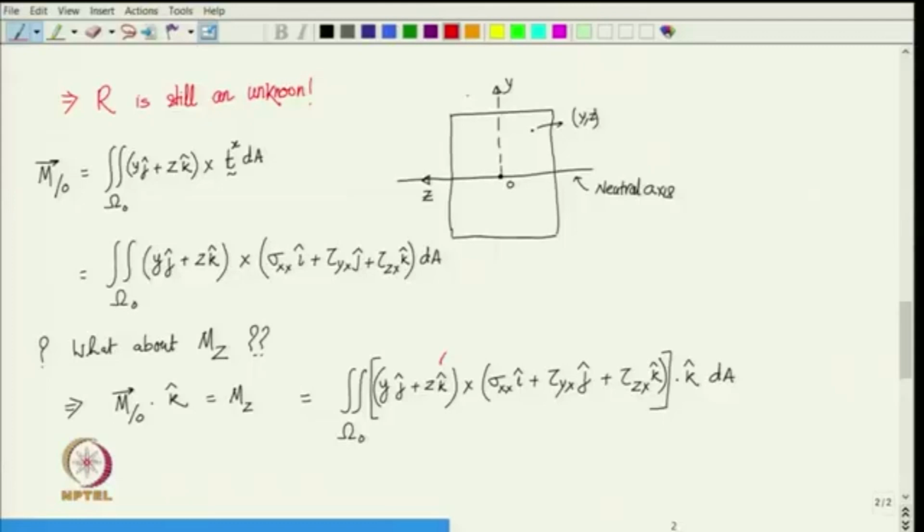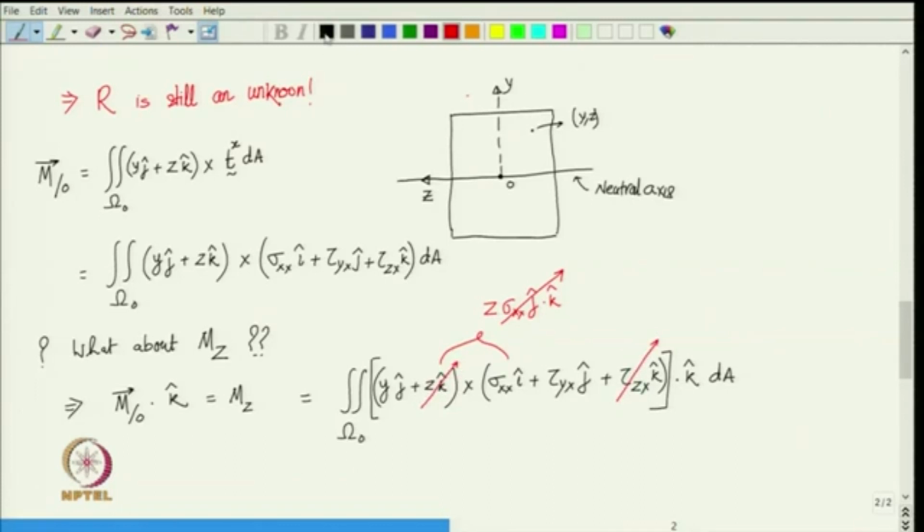You see, for example, look at this combination. So, what is that going to give me? k cross i is j. So, that gives me z times sigma x x into j, and then we dot with k. So, this is 0, right. So, therefore, we can discard the components here which are along k, because they will not participate in m z. So, with that observation, let us forget about these 2 components.